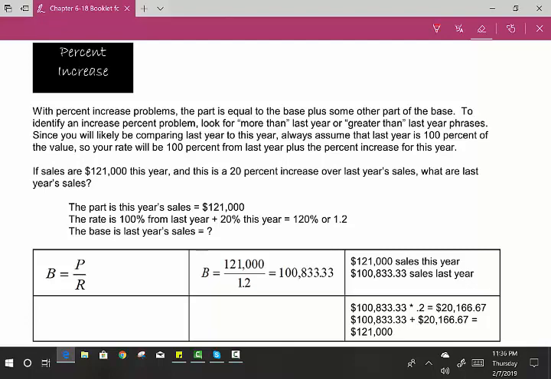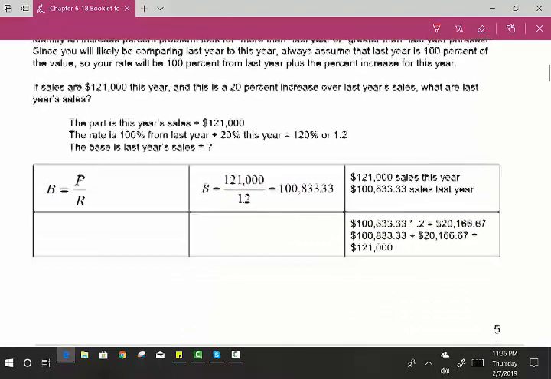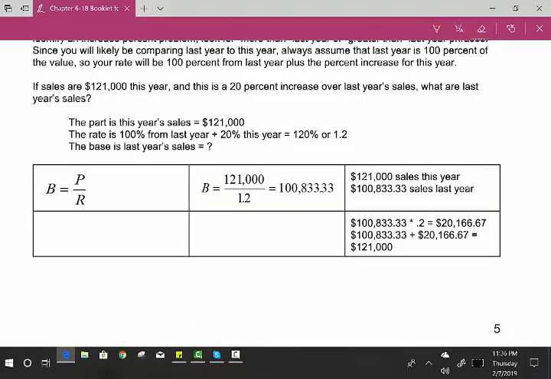So therefore, if sales are $121,000 this year, and this is a 20% increase over last year's sales, what are last year's sales? Well, last year's sales is going to be the base. The part is this year's sales as a result of the 20% increase over last year, which has a full value of 100%.